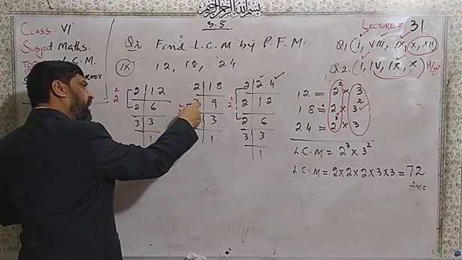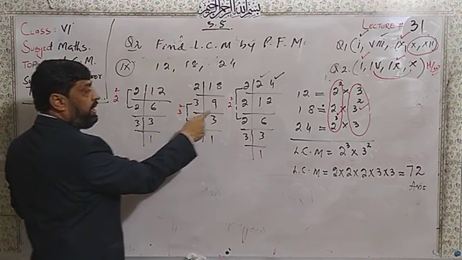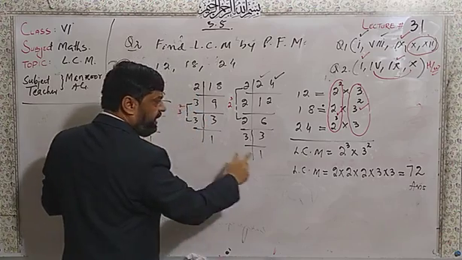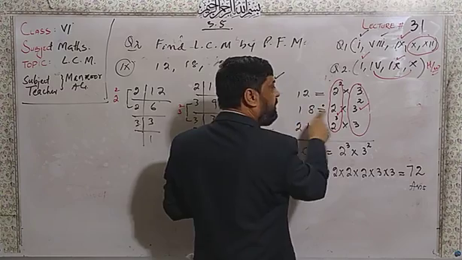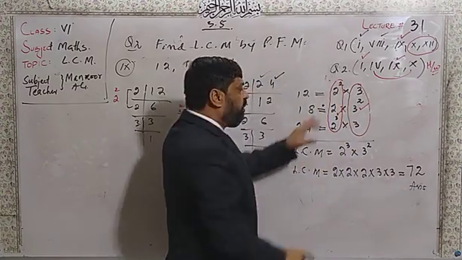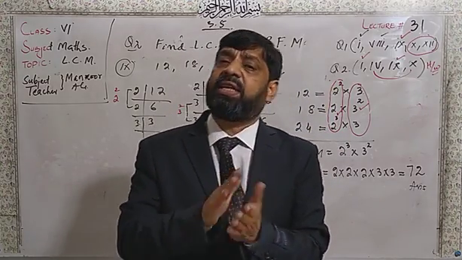Here how many 3's are we given? 1, 2. I wrote 3 power 2. And here 1, 2, 3. I wrote 2 power 3. And similarly here I did the factors of 12, 18, 24. Then make the circle. Now this circle contains common as well as uncommon.